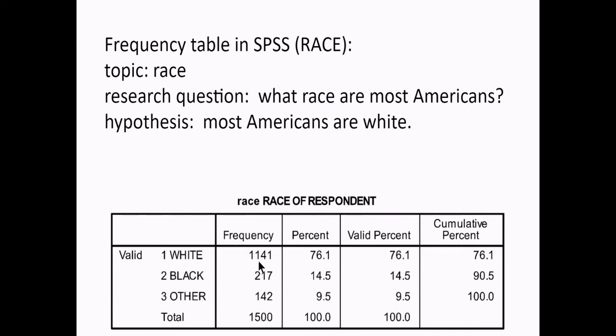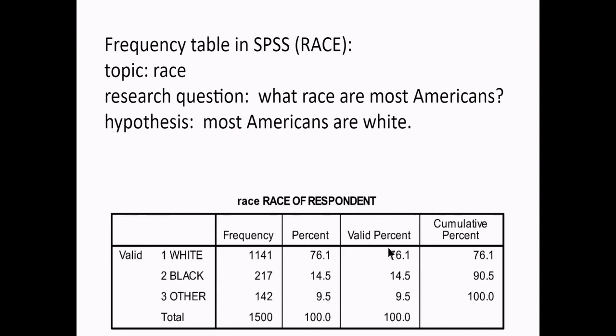There's frequency, the number of people in the sample out of 1,500 who answered each of the three categories. The percent of people who answered out of all the possible answers. And then there's a column that looks identical in this case called the valid percent, that will give us the percentage of people who gave only valid responses.